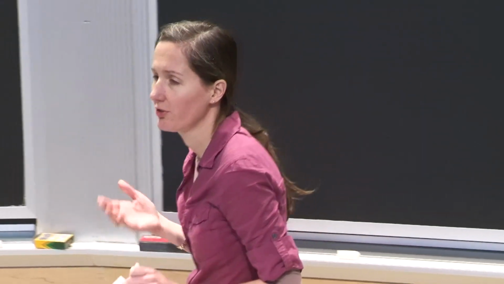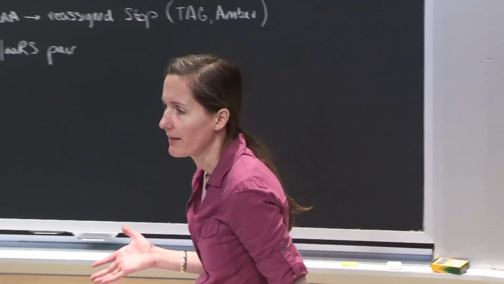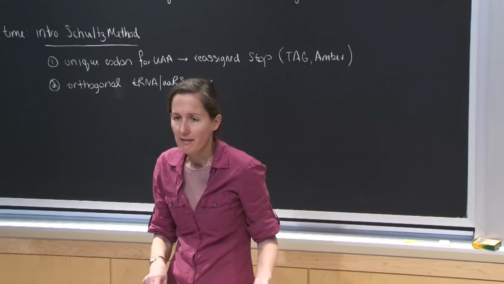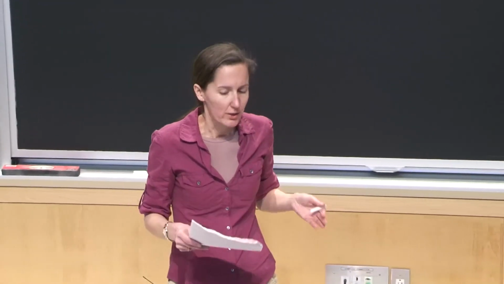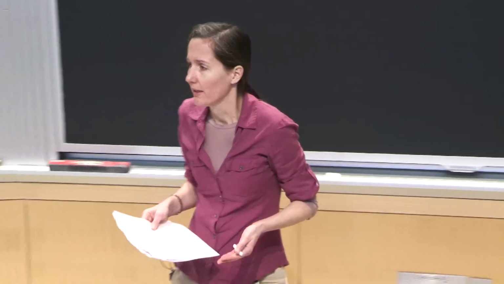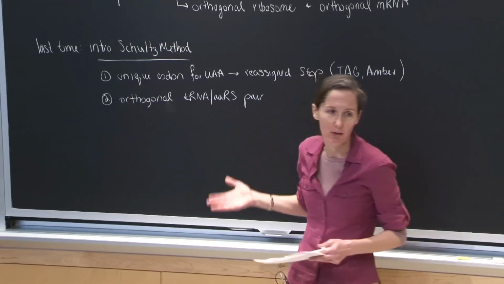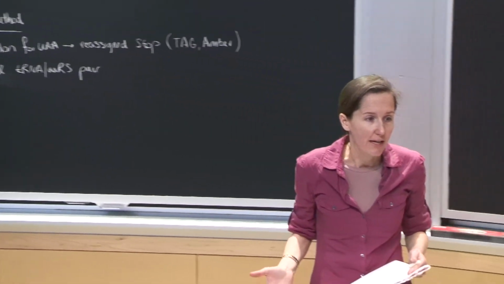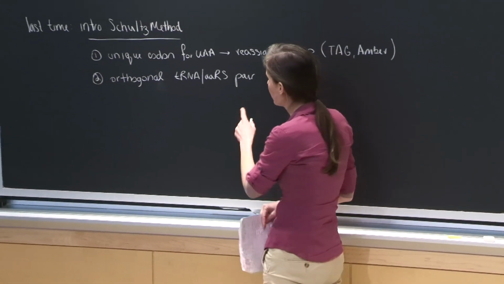So can that evolutionary divergence be taken advantage of? Effectively, is it possible to find some tRNA and its amino acyl tRNA synthetase from one organism that's orthogonal to the corresponding tRNA and amino acyl tRNA synthetase in the organism of interest? So effectively, if we want to use E. coli, we want to find a pair from another organism that's completely independent of the endogenous E. coli machinery.